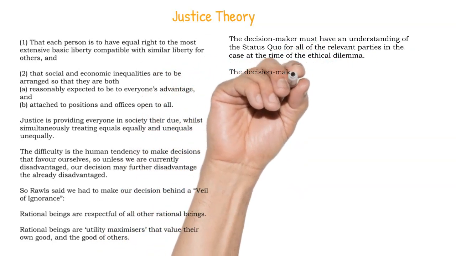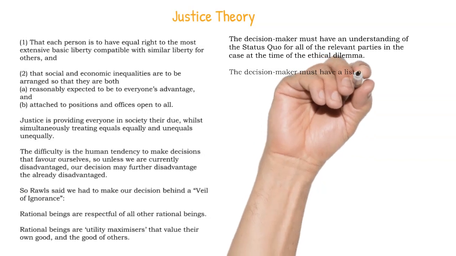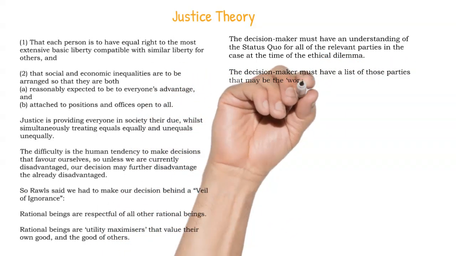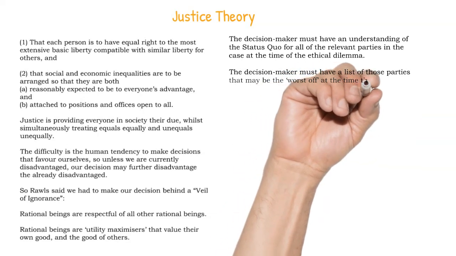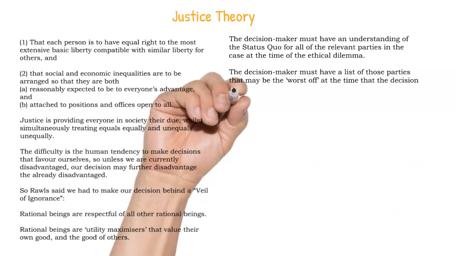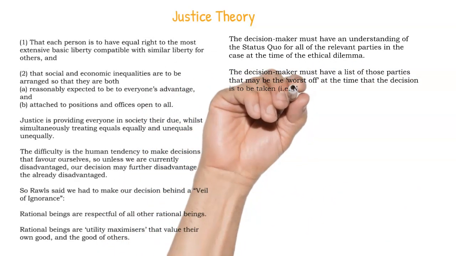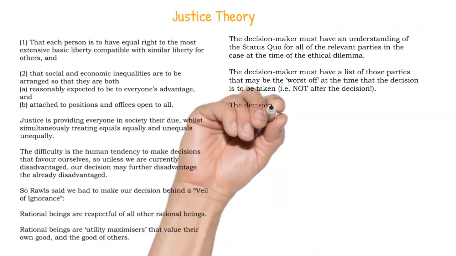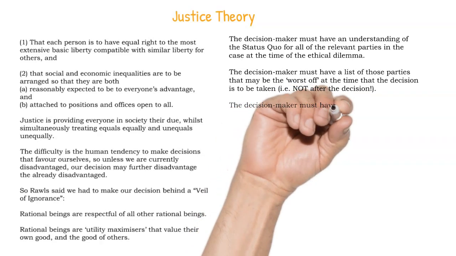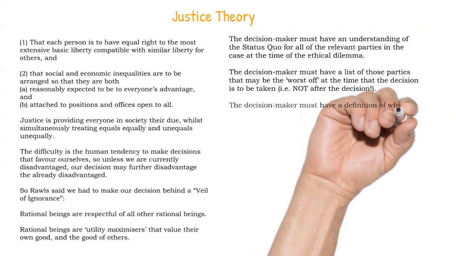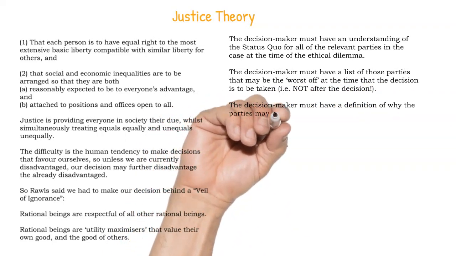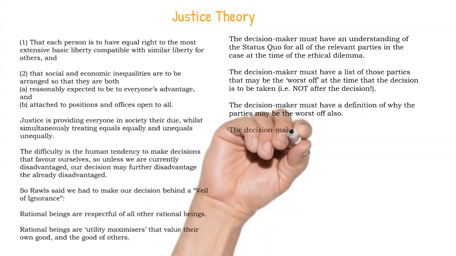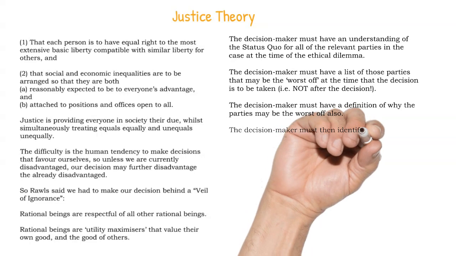The decision maker must have an understanding of the status quo for all the relevant parties in the ethical dilemma situation. The decision maker must have a list of those parties that may be the worst off at the time of the decision, not after the decision. The decision maker must have a definition of why the parties may be the worst off.